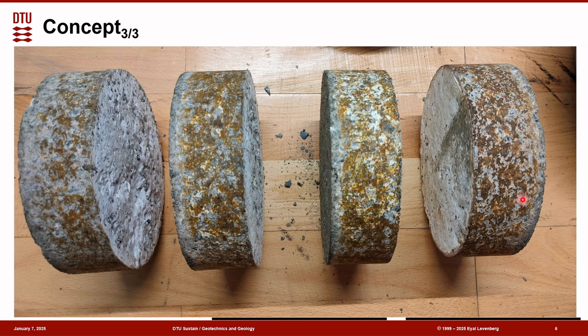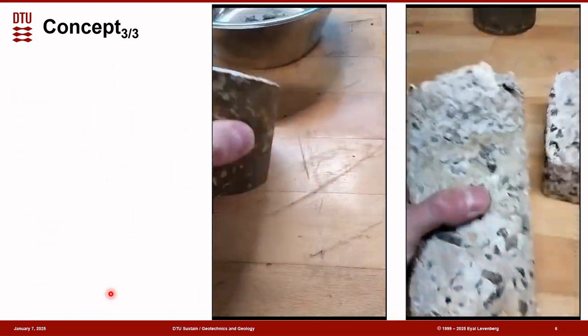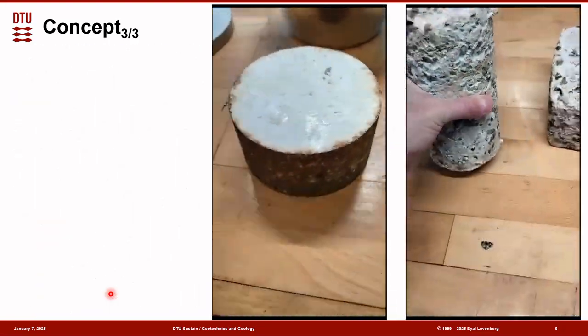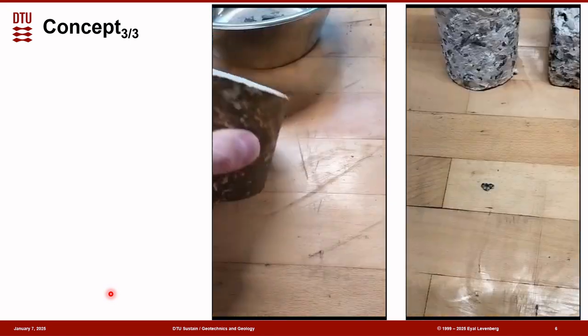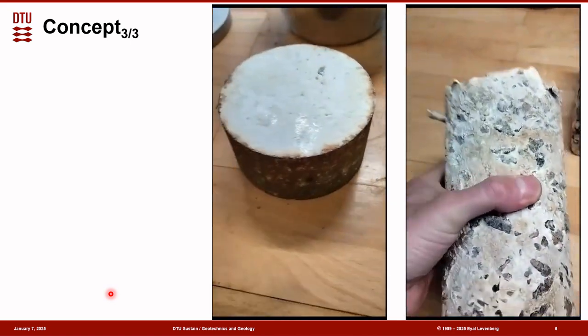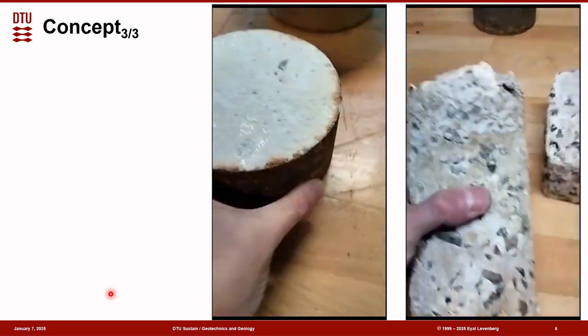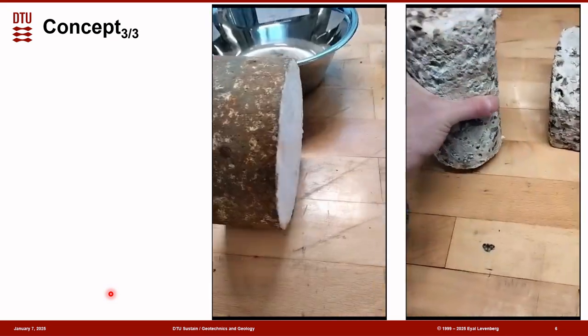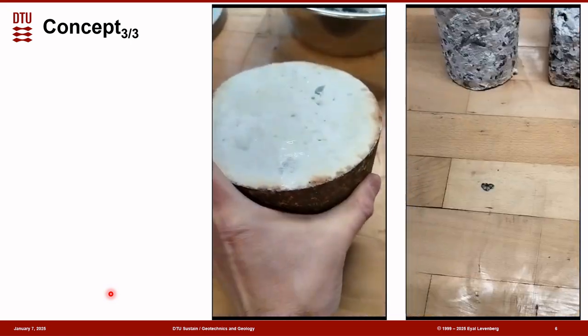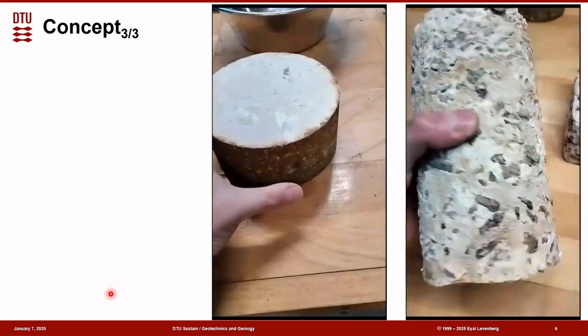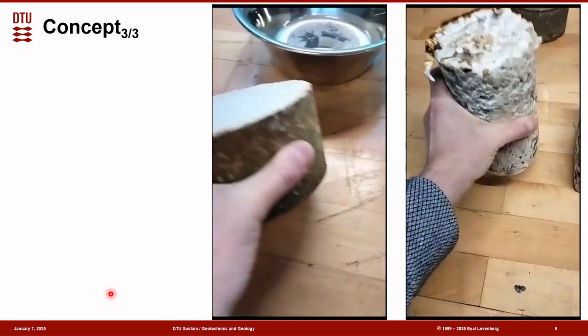Here's a close-up picture of several cylinders that were prepared in the laboratory using a gyratory compactor. Here's a video that gives a better intuition on the final product. So again, it's the aggregates that are mixed with inoculated substrate, compacted, and then after some wait time, you get these rigid specimens.